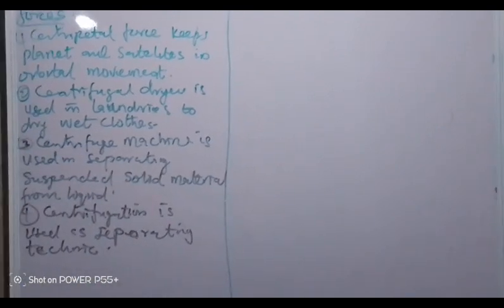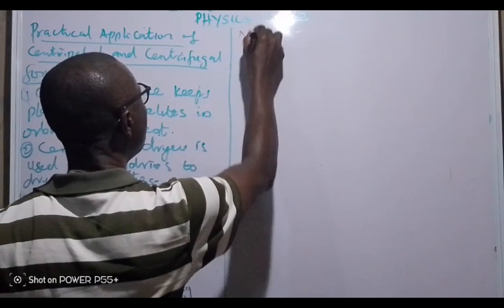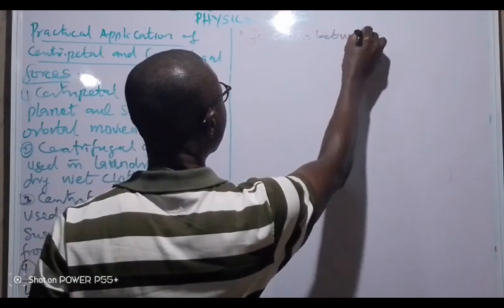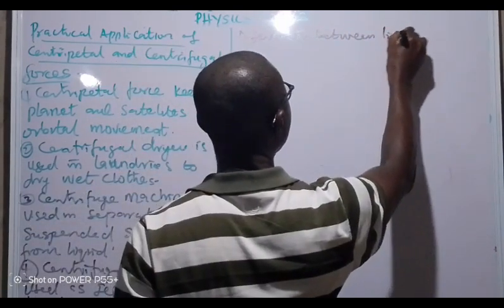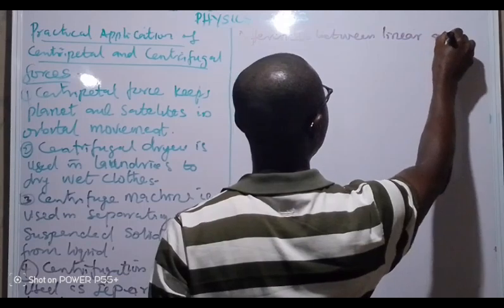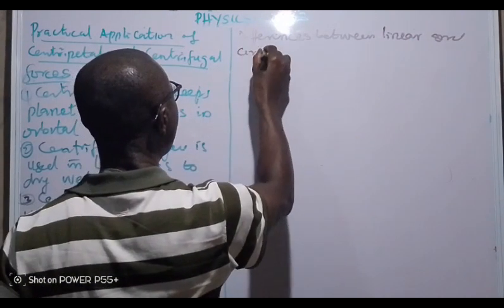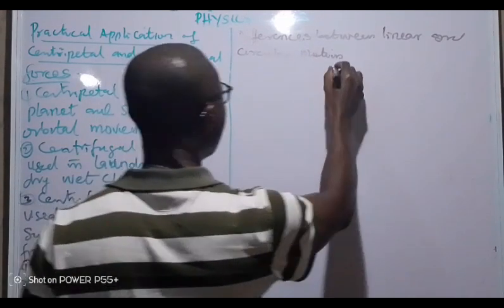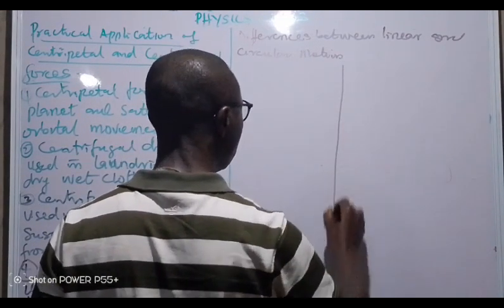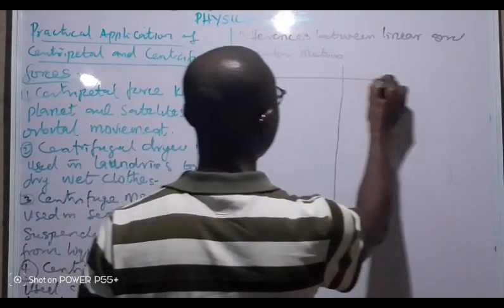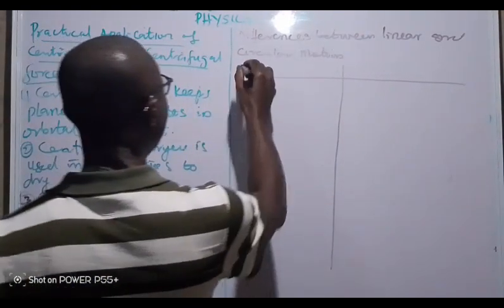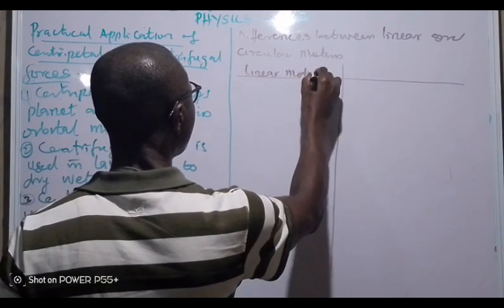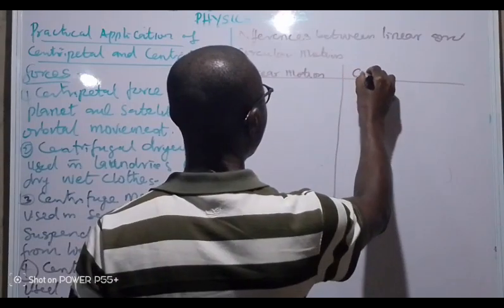Next is differences between linear and circular motion. Let's do it in a tabular form. Linear motion, then circular motion.